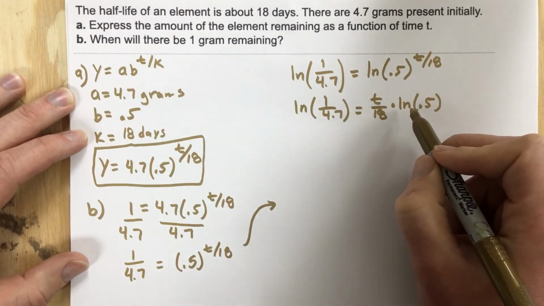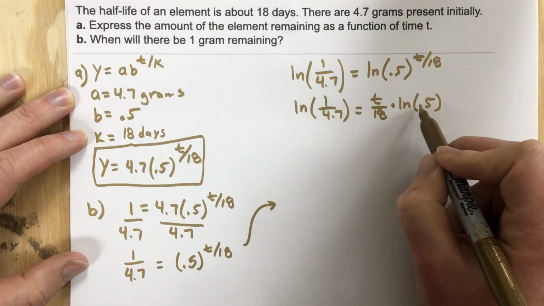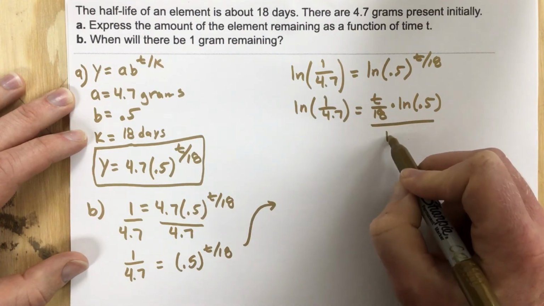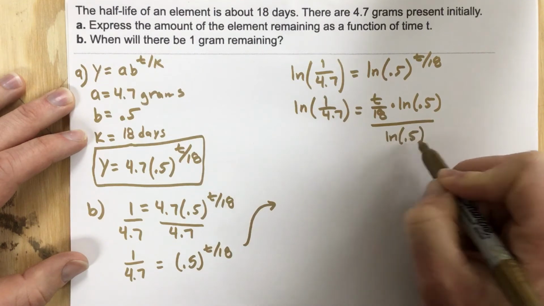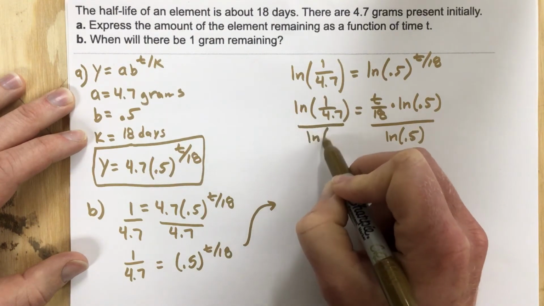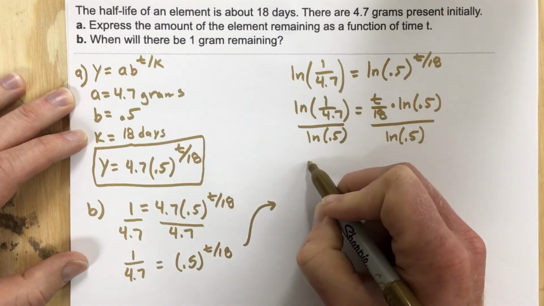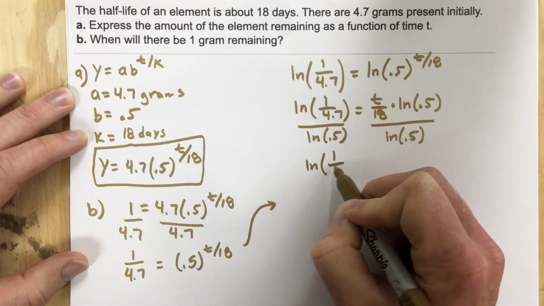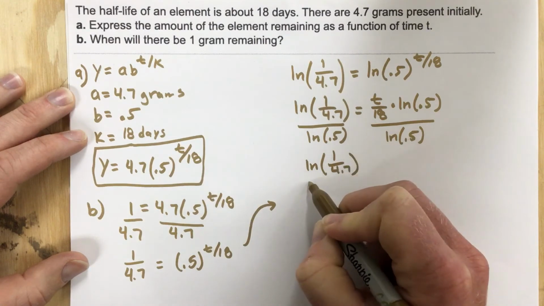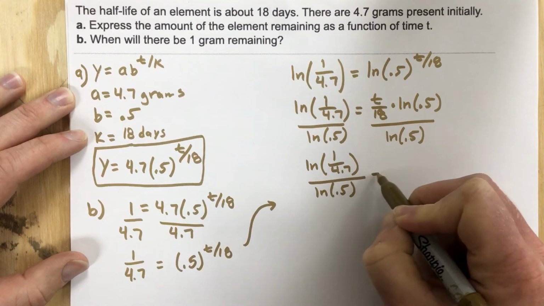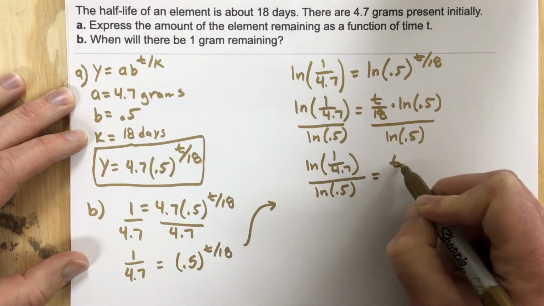Now we're going to divide by natural log 0.5 on each side. So we'll say natural log of 0.5 divided by natural log of 0.5. And we'll get natural log 1 over 4.7 all over natural log of 0.5 equals t over 18.